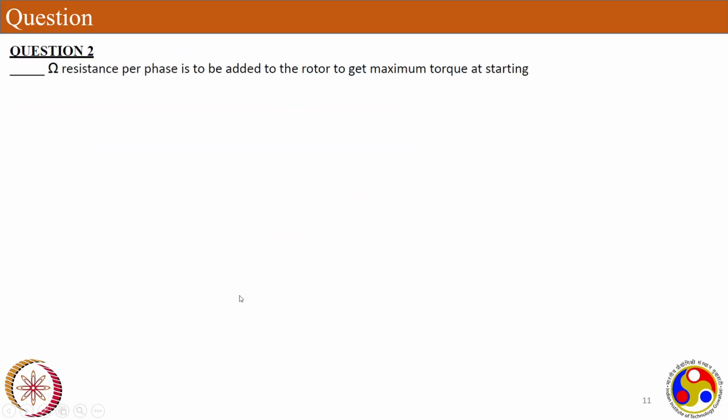It's a very simple problem. The second question is how much resistance per phase you need to add to the rotor to get maximum torque at the starting itself. We kind of discussed this problem. Let's say this is your torque speed curve, and this is the starting torque.